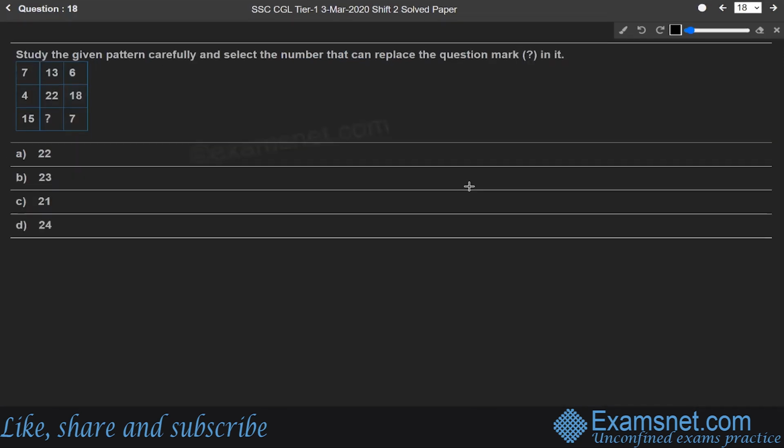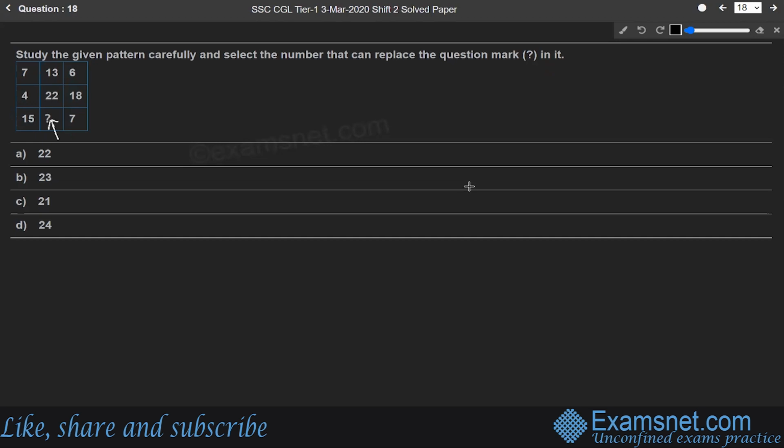Next question is, study the given pattern carefully and select the number that can replace the question mark in it. The pattern here is a table consisting of 3 rows and 3 columns, and we have to identify the number that will replace the question mark.